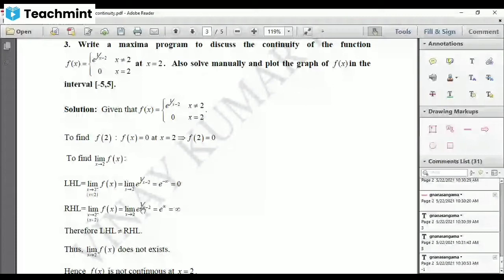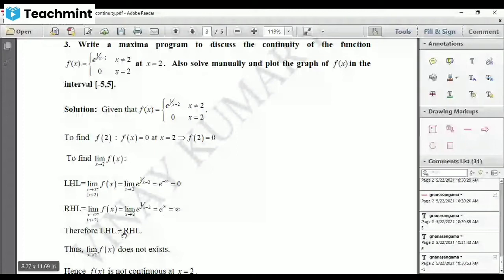If x is more than 2, then this number x minus 2 will be positive because more than 2 minus 2 means positive. So 1 by, and anyhow it is going towards 0. So this gives you 1 by 0, which is infinity. So this is going towards e to the power of infinity. E to the power of infinity is infinity.